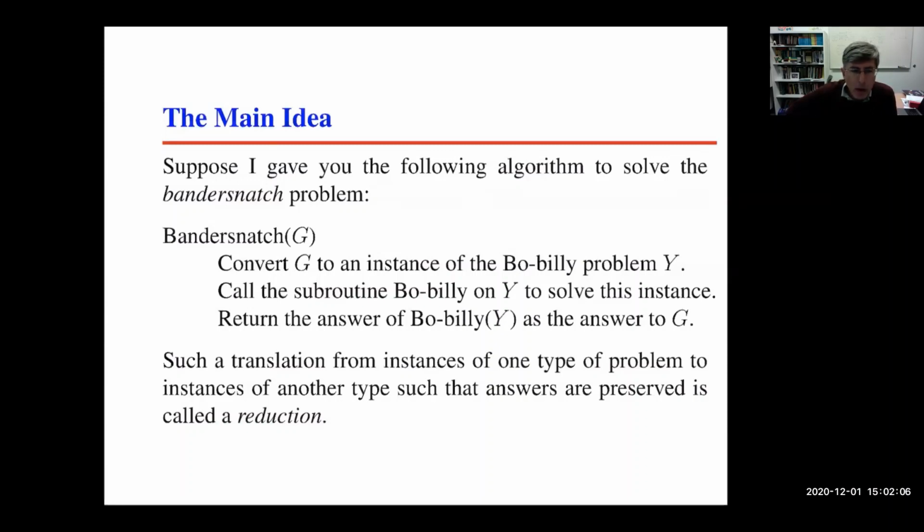We want to be able to prove that a problem named mobility is a hard problem. What is our strategy to prove that mobility is a hard problem? We take a problem that we know absolutely certainly is hard. We know that SAT is hard.